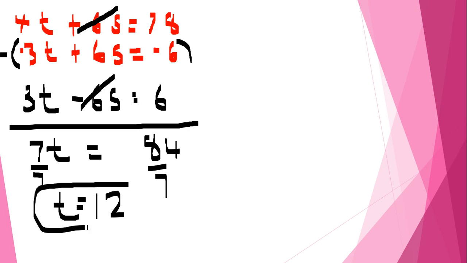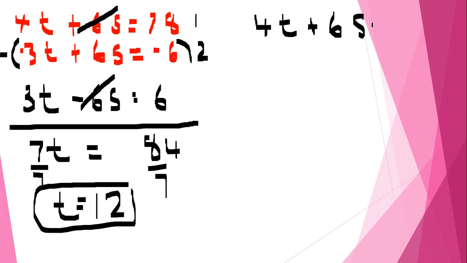So since I've got t equals 12, it's possible for me to work out the other unknown, which is s. So I can choose one of the original equations, either equation 1 or 2. I prefer using the positive one because I don't want to get confused with negative numbers again. 4t plus 6s equals 78.